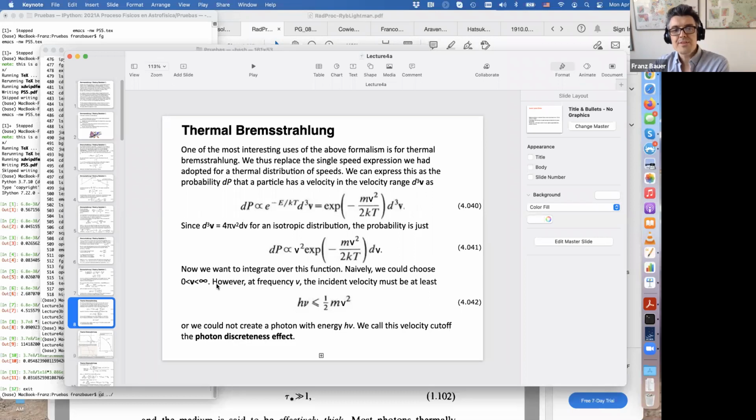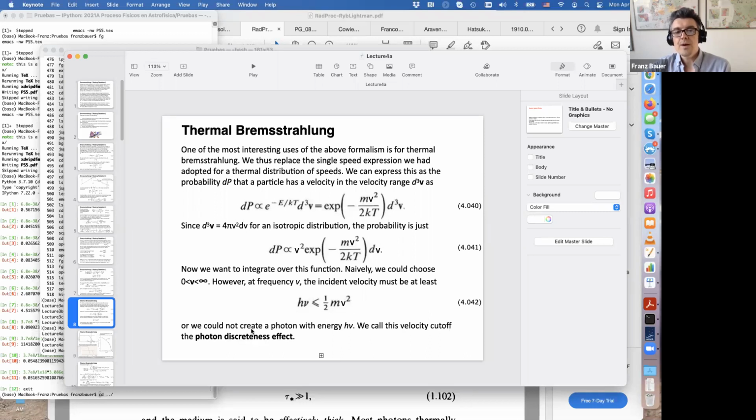And so this probability distribution, if we just fold these in, will look something like this. Then we can integrate over this function. Naively, we would start by just integrating from 0 to infinity. However, we have to note that there will be some cutoff velocity above which we don't need to care anymore, because this is a thermal distribution. We can also note that the frequency is related to the incident velocity through something like this.